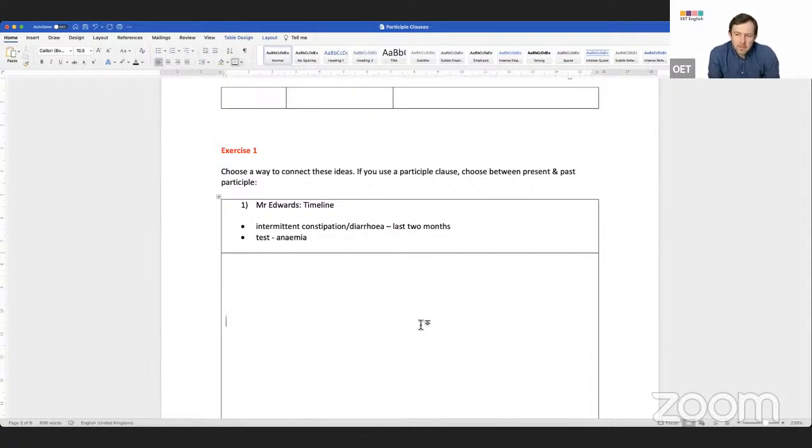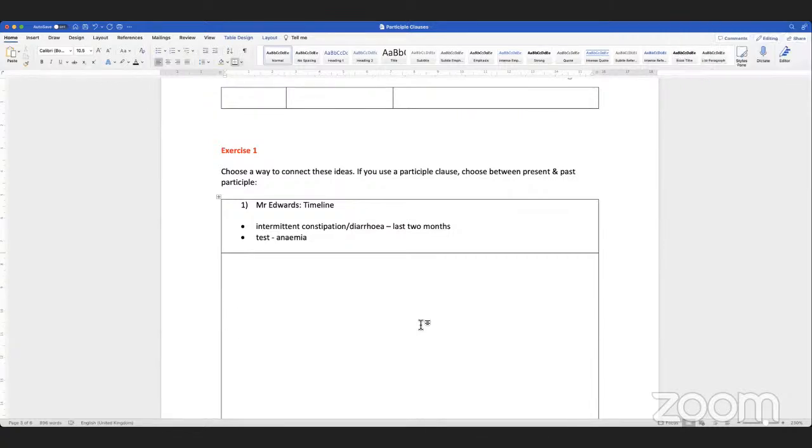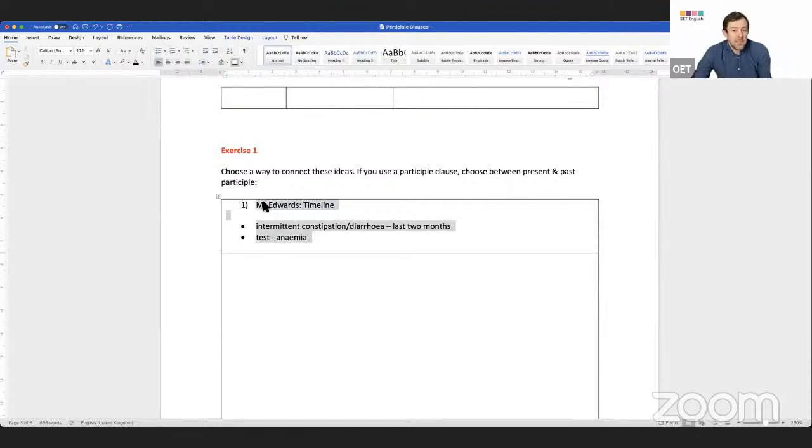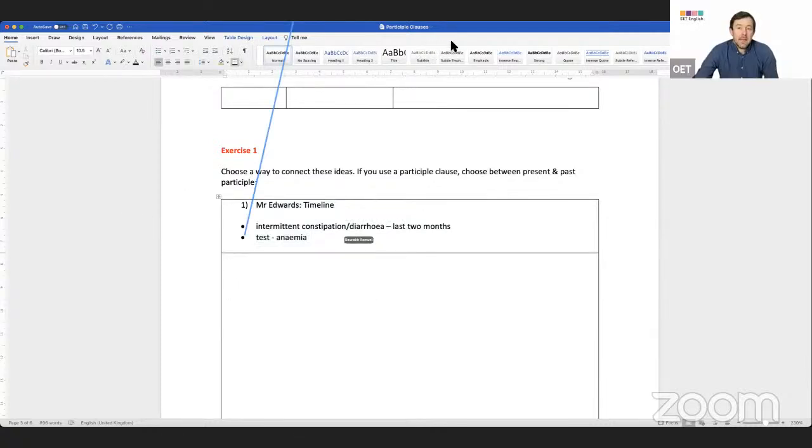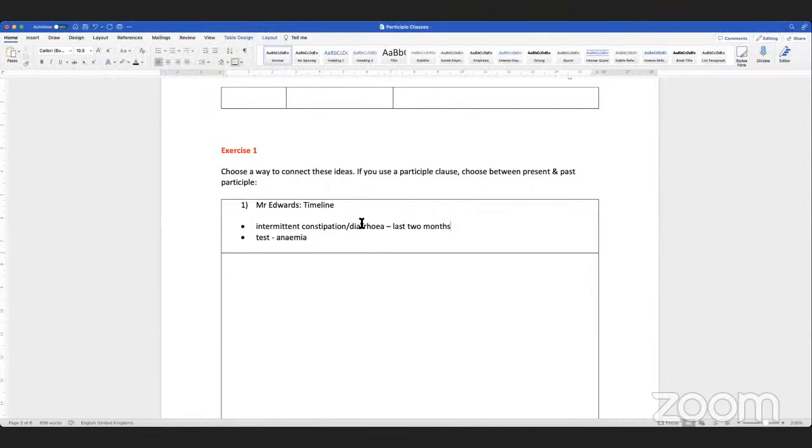What do you think needs to be done? In terms of the situation, what needs to be done? A test for anemia. Yeah, a test for anemia. That's what needs to be done. Why? Because of intermittent diarrhea and constipation.